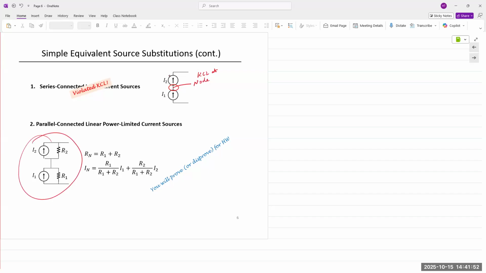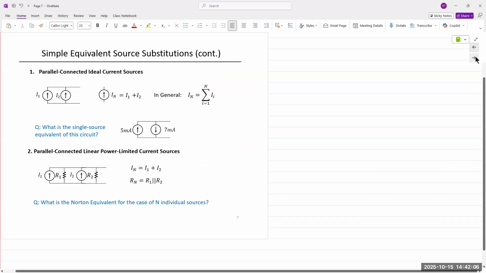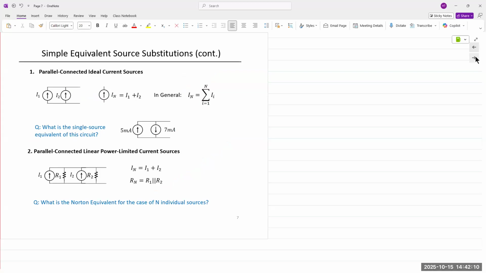We need parallel connected real life sources that have resistors in parallel. So if you have two current sources and you connect them in parallel, let's say they are ideal, the total equivalent current is simply the sum of those two.